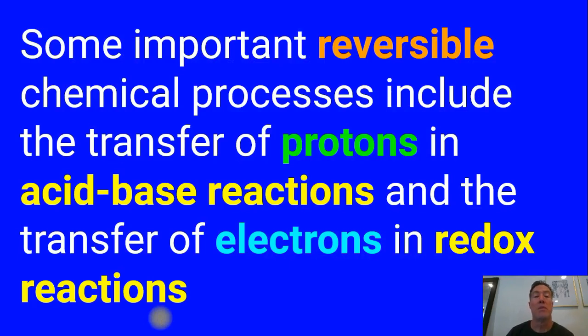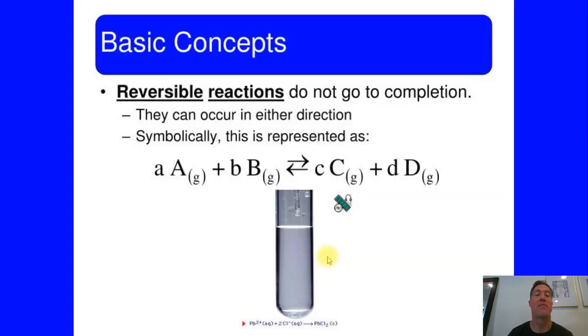One important reversible chemical process is the transfer of protons in acid-base reactions, which we will look at later. And we've already talked about the transfer of electrons in redox reactions. So remember, reversible reactions are reactions that don't go to completion. We talk a lot about reactions, especially in general chem, and we assume that they go all the way to completion, but in truth, most reactions don't go all the way to completion.